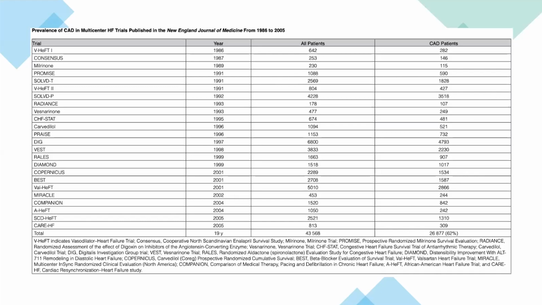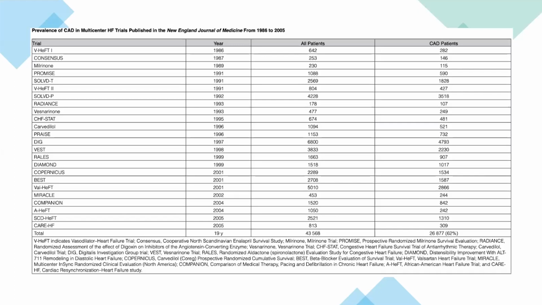And this is likely an underestimate because the true prevalence of CAD among unselected heart failure patients is higher, since these trials probably excluded patients with angina, acute MI, and shock. And not many of these trials had done an objective ischemia evaluation.